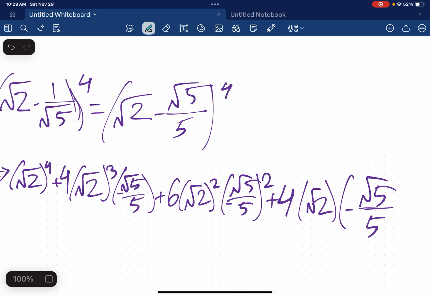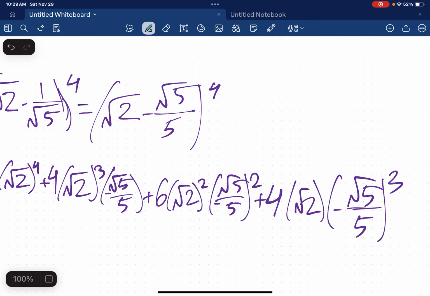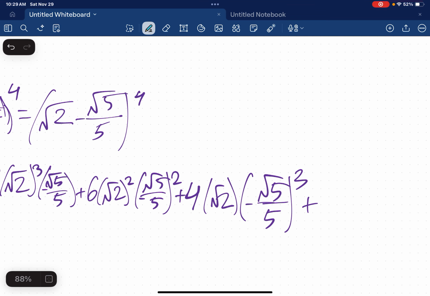I forgot to include a negative in that one. And 4 choose 4, which is equal to 1 times negative square root of 5 over 5 to the 4th.